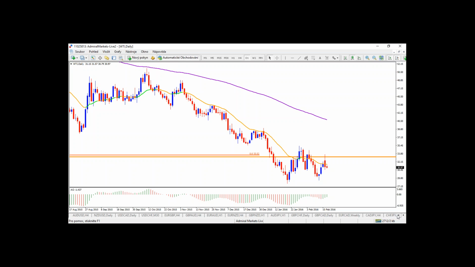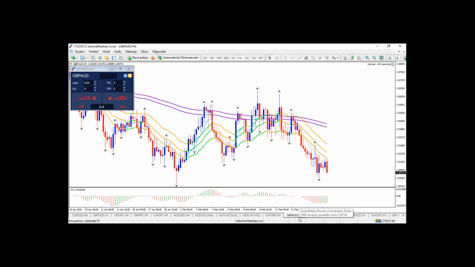There we go. Pound AUD, short from 204.75. Wow, that's great. That's way up here. Hold to 109.70.